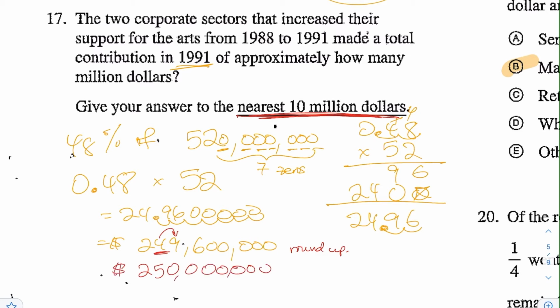So the final answer is going to be 250 million, but then to bubble it in, you only have to approximate how many millions. So to figure out how many millions, this is equal to 250 millions. So the answer is going to be 250, because you're putting the final answer in terms of millions.